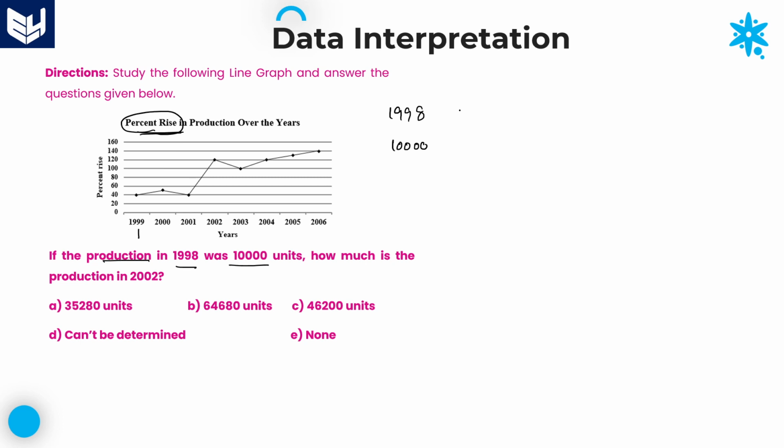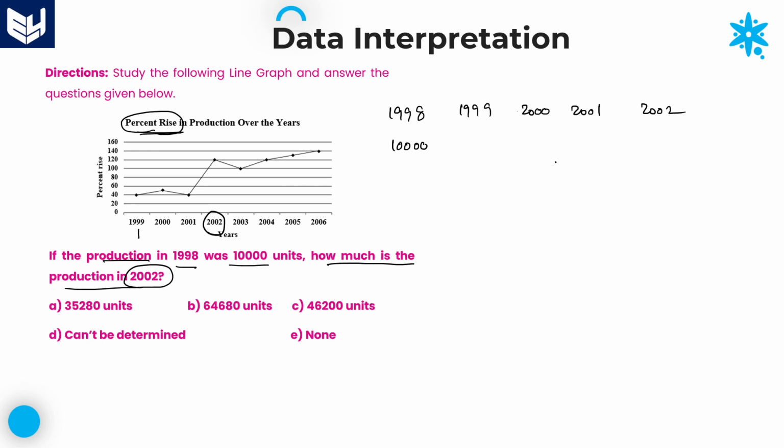Okay. Now, let's start with the question: which year, how much is the production in 2002? In 2002, how much is the production? Here in 98, it is 10,000. We need to calculate 99, then 2000, then 2001, and then 2002.